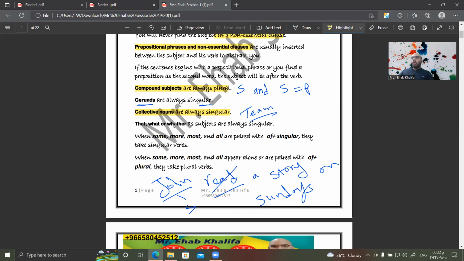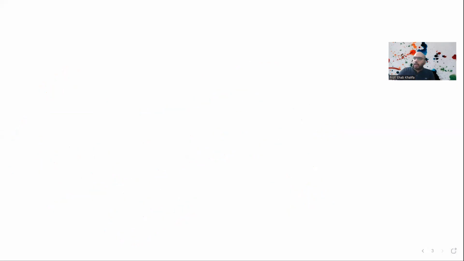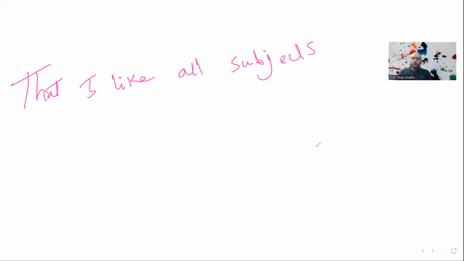That, what, or whether as a subject. Pay attention. If the sentence begins with that or what or whether, then the verb must be singular. See? That I like all subjects, is or are?